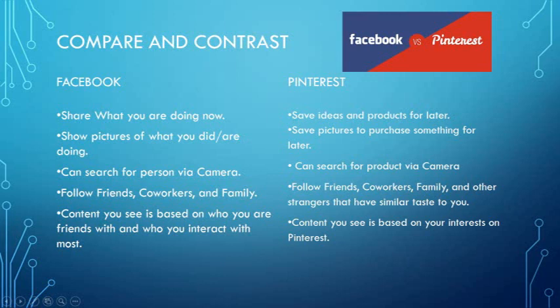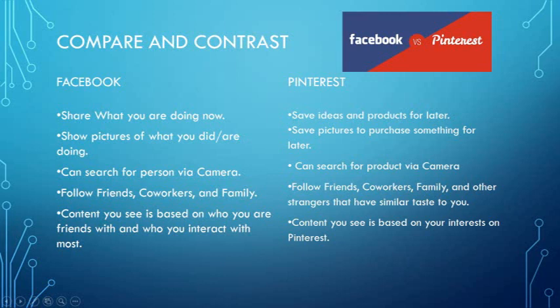The pictures you share on Facebook show what you did, what you are doing. And that's a big difference. The time period right there. You can search for a person via the camera on Facebook, but you search for a product via the camera on Pinterest.